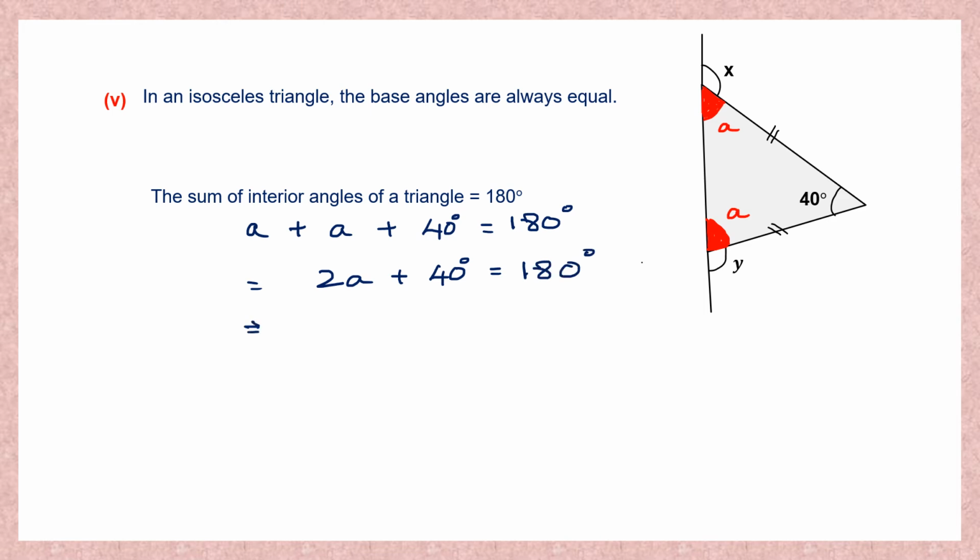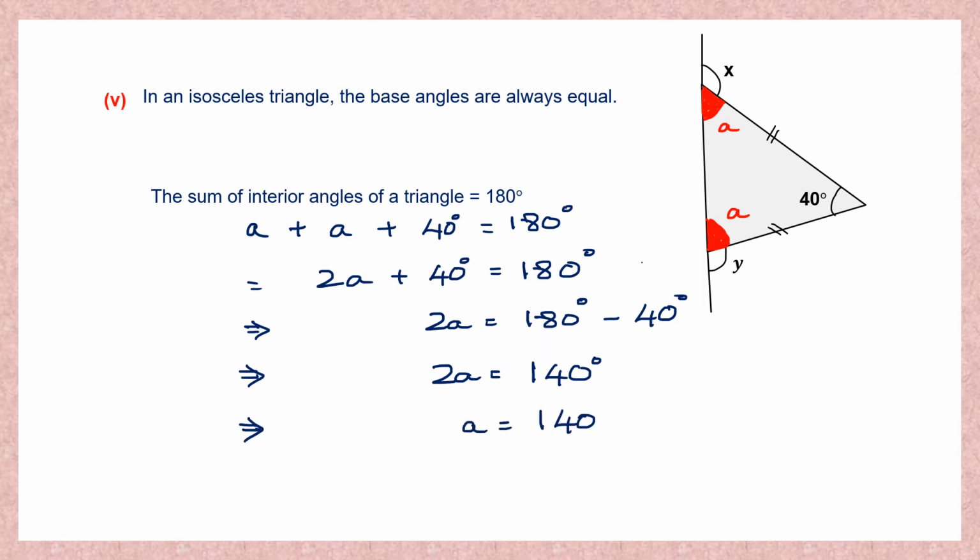That means 2A is equal to 180 degrees minus 40 degrees. So we can find the value of 2A now. 2A will be 180 minus 40, which is 140 degrees. Now we can find the value of A, that will be 140 divided by 2, which is 70. So the value of angle A is 70 degrees.